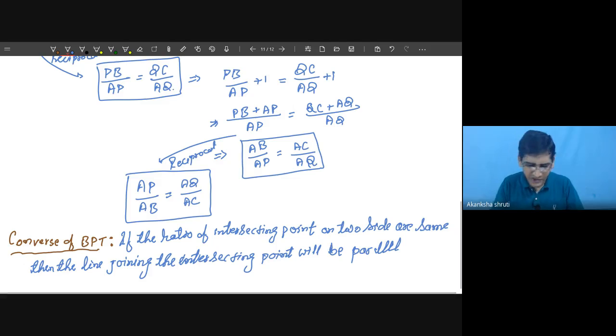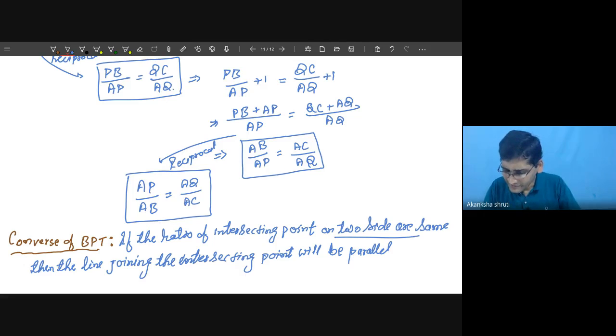So write it properly. So the two sides are given, the remaining side is called as the third side.